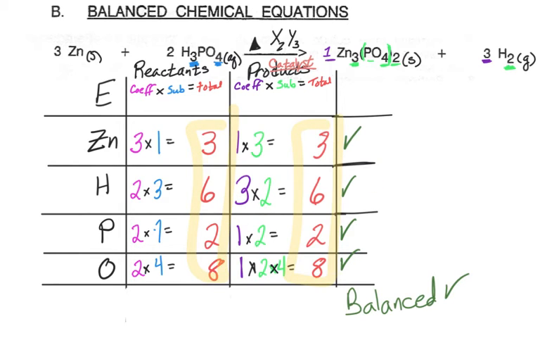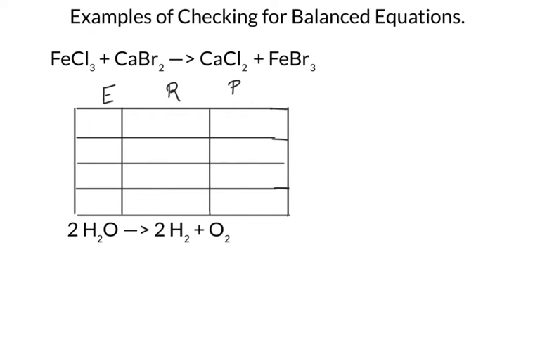Let's try a few more. Let's look at this reaction between FeCl3 and CaBr2, and it forms CaCl2 and FeBr3. So the elements that we see are iron, chlorine, calcium, and bromine. Let's go ahead and write in our reactant and product header.